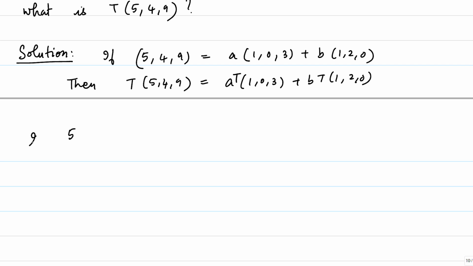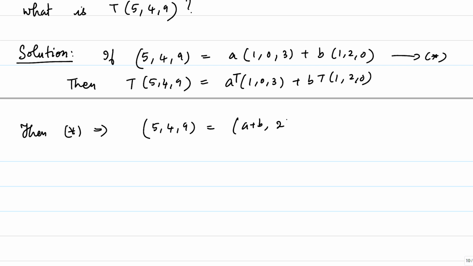If we can find A and B, then we are through, right? So 549 is equal to, let's call this star, and star implies 549 is equal to A plus B, 2B, 3A.